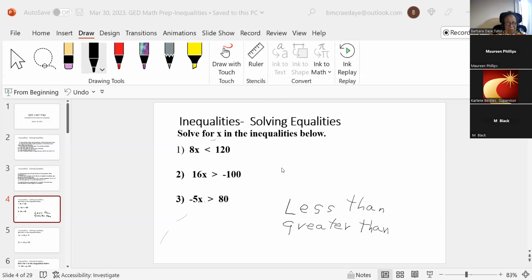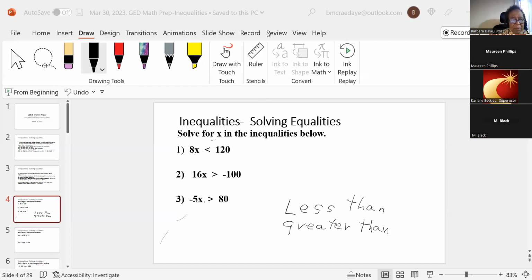Yes, it's still a multiplication. So what would you divide by, Maureen? By 16. That's right. Do that. No different from number 1 or number 3, except you've got a negative here and a negative here. And keep in mind what you do when you divide by a negative.